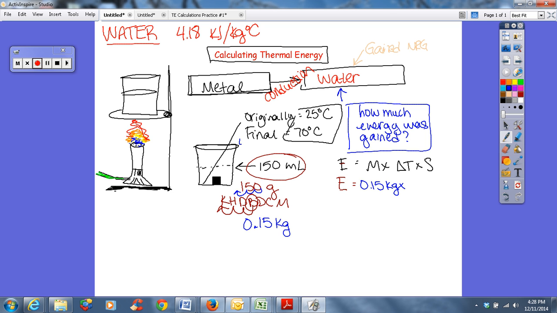So our mass, 0.15 kilograms, times change in temperature. Change in temperature equals final minus original, 70 minus 25, equals 45 degrees Celsius.